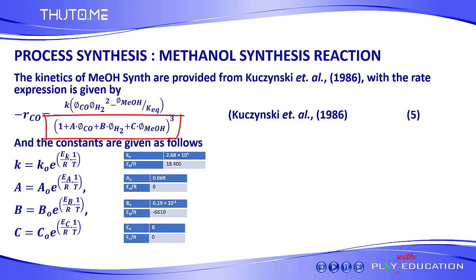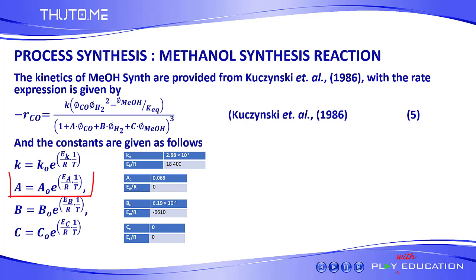So this is usually understood to be a resistance in the kinetics. As you can see, the denominator reduces the rate. Note that the rate expression given here is the rate of consumption of carbon monoxide. So if you look at the reverse reaction, it will be the rate of production of carbon monoxide from methanol. The forward reaction will be the rate of consumption of carbon monoxide to produce methanol.